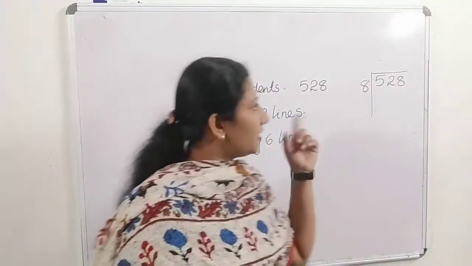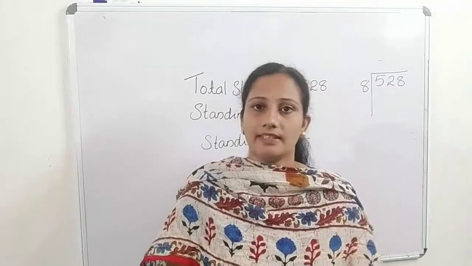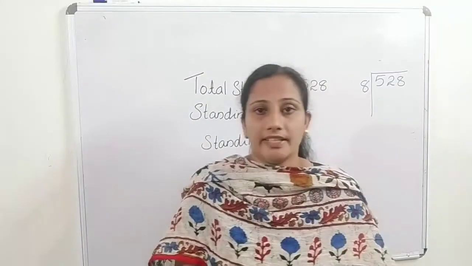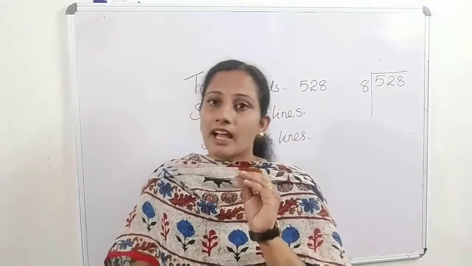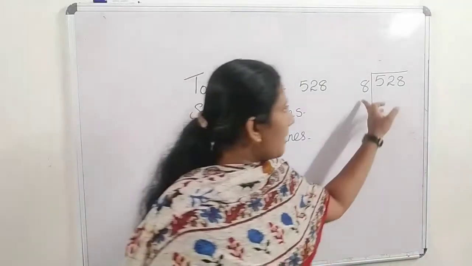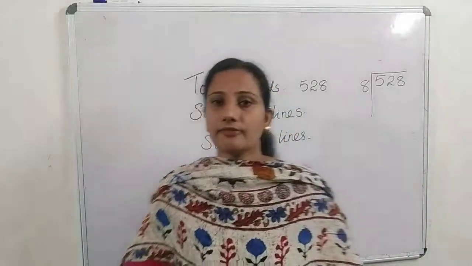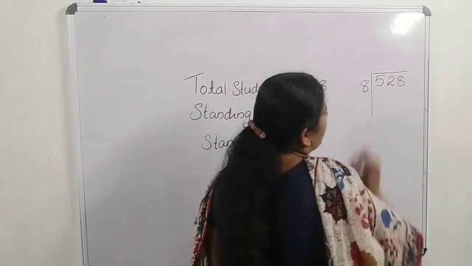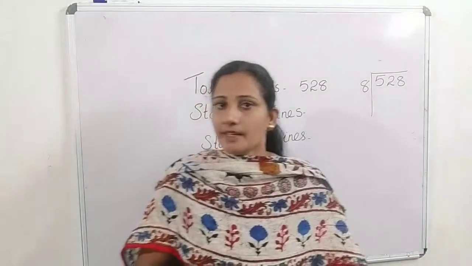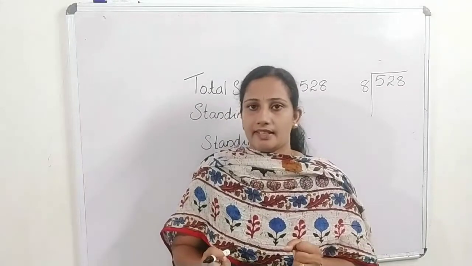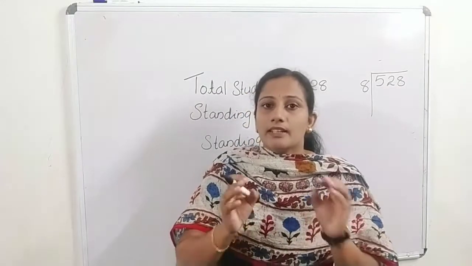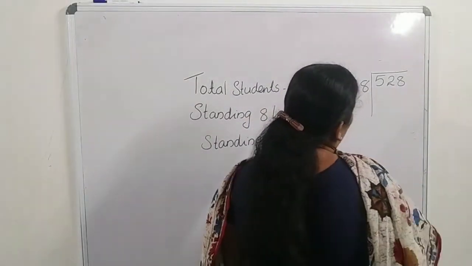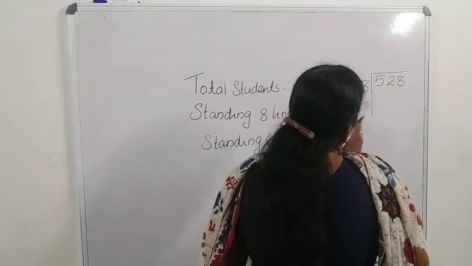First compare the numbers 8 and 5. 5 is the smaller number and 8 is the bigger number, so we can't divide that. So what will we do? Take the next number, that is 2. Then 52. Then compare 8 and 52.